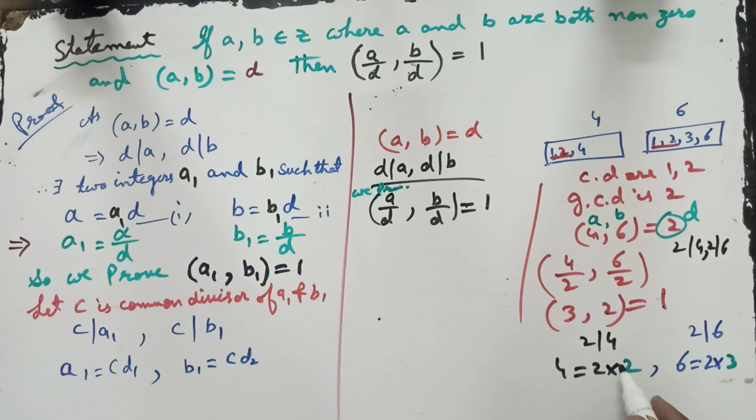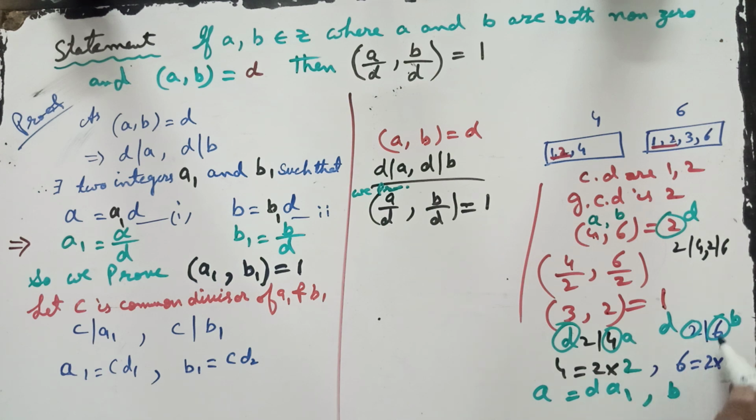If D divides A and D divides B, then what can we write? I suppose this number in generalized form is a1, and this is b, and this is d. I give the name b1 to this other number.